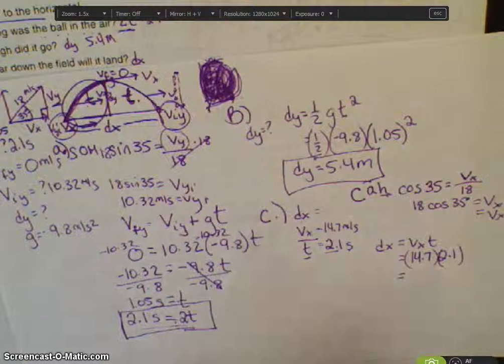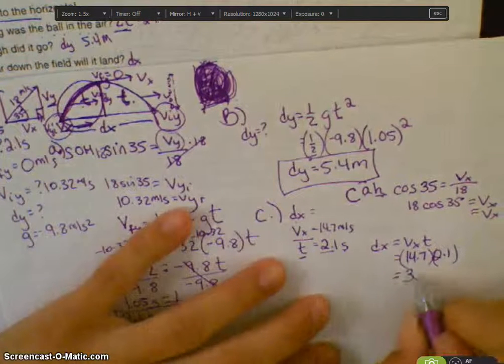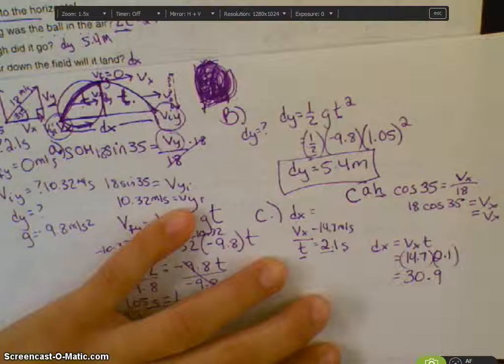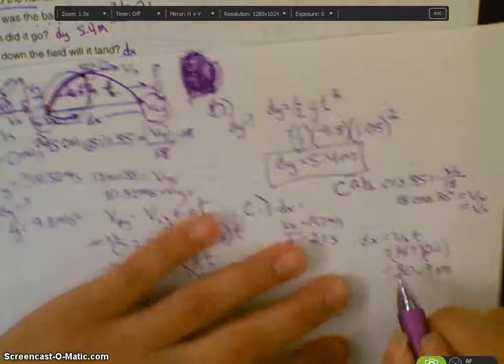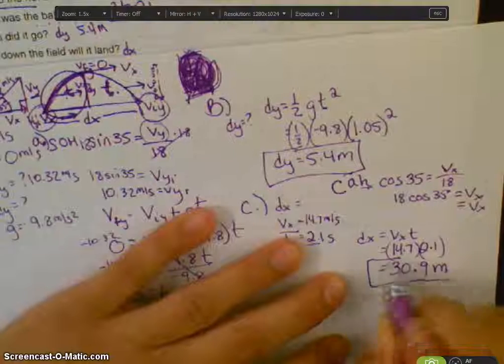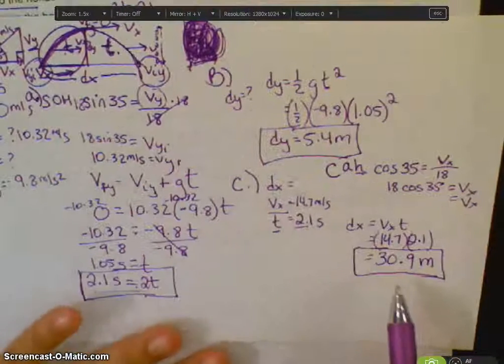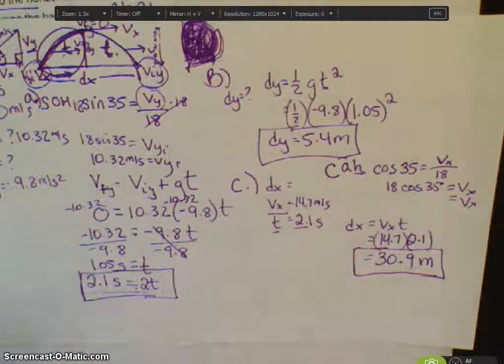Did I get 30.9? Can we remove that? 30.87? That's fine too. 30.9 meters. Boxing it up. Woo! Did everyone get that? Yay, I'm right. Awesome.